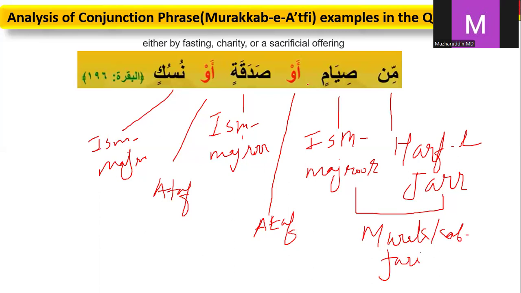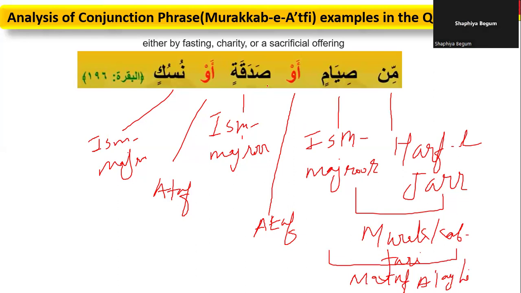Now here, the phrase which comes before atf, what do we call it? Matuf alayhi, matuf ilayhi. And the word which comes here, we can say it's a phrase, it is matuf.